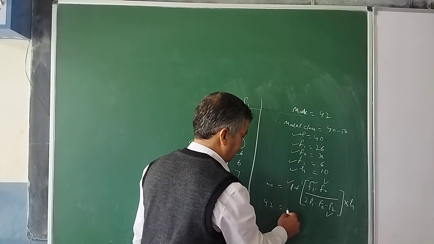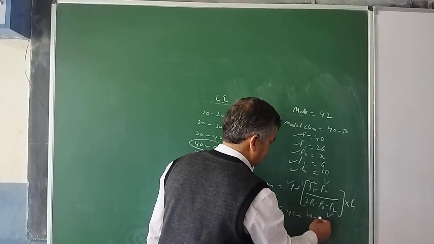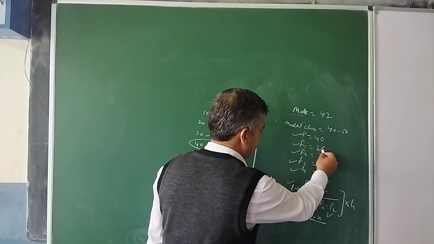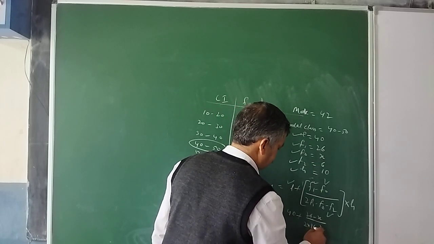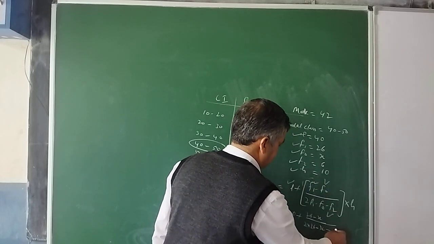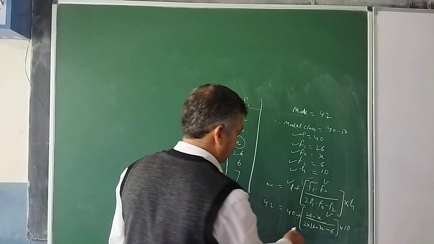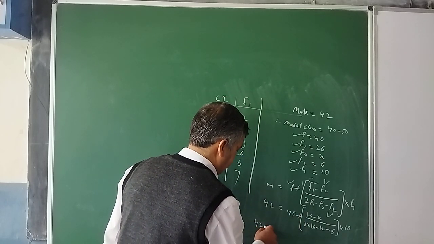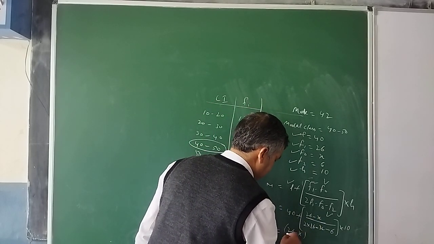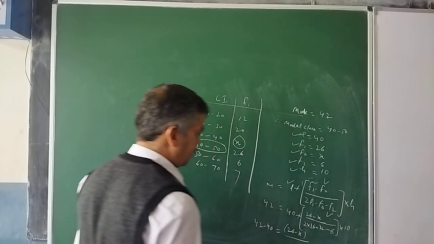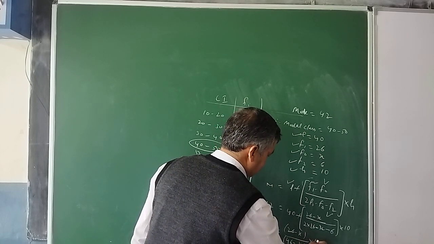As the mode is given, I can substitute its value there. L is 40, plus F1 is 26 minus F0 is X, upon 2F1 means 2 into 26, minus F0 which is again X, minus F2 which is 6, into H which is 10. 26 into 2 is 52. 52 minus 6 will make it 46 minus X, and into 10.